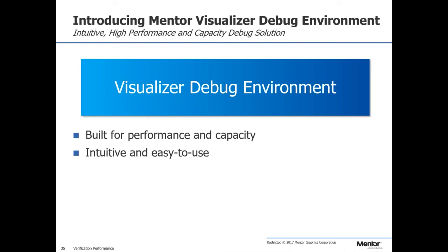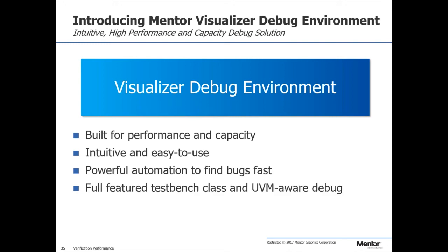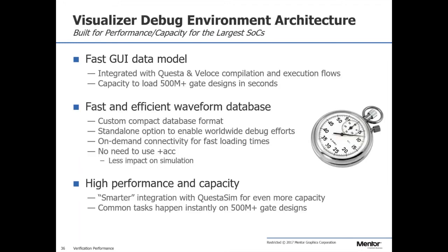It is more intuitive and easy to use once you get used to it. You've got a lot fewer clicks to get to the same data. And then if you are doing a SystemVerilog UVM test bench, then it has a much better UVM-aware debugger. UVM is the one place where you will have to use Questa Prime. The debugger GUI model is much faster.